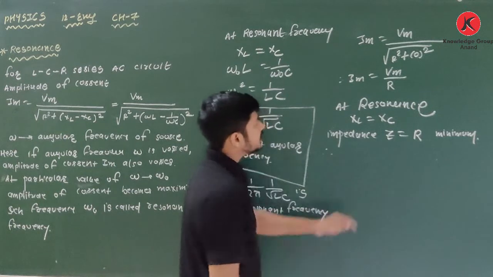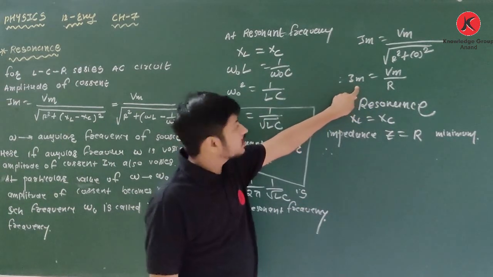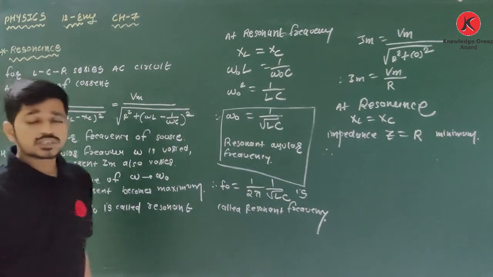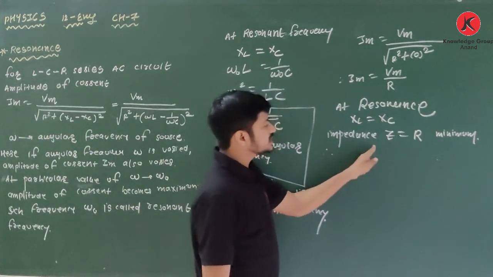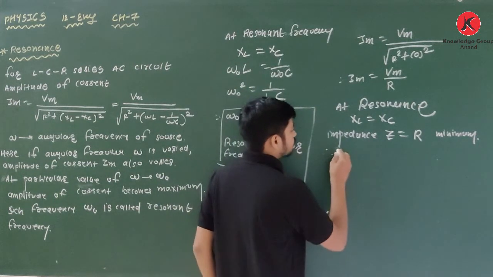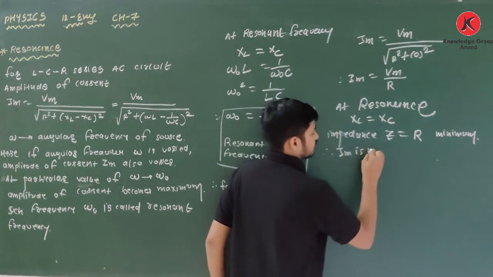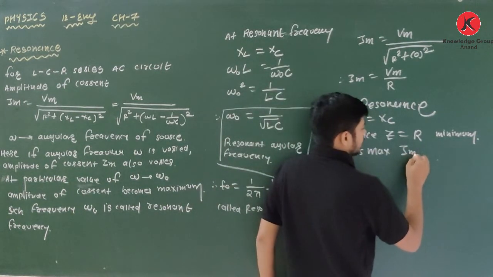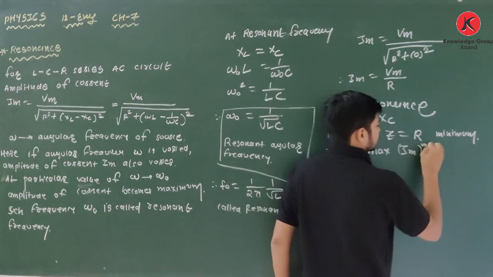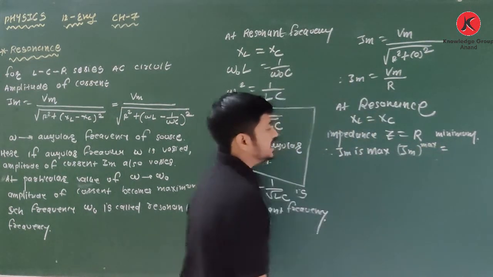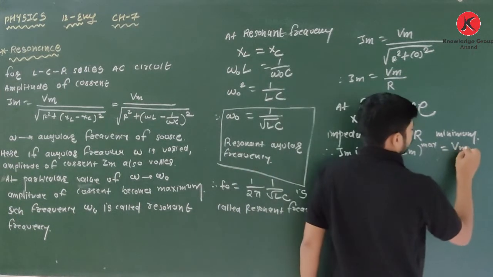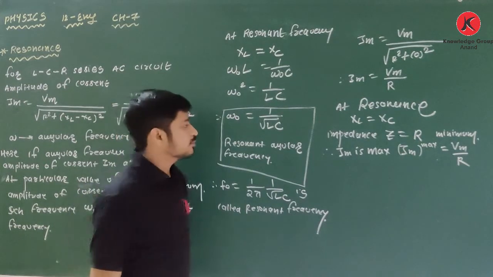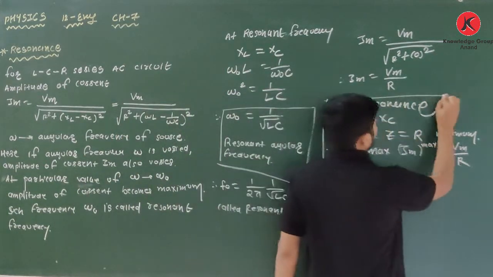And therefore, see, Im and impedance are inversely proportional to each other. So impedance Z is equal to R is minimum. So therefore, Im is maximum, and Im maximum is equal to Vm upon R. So these things you have to remember.